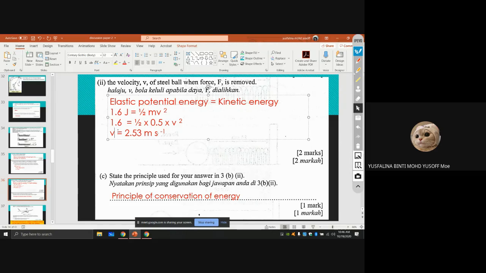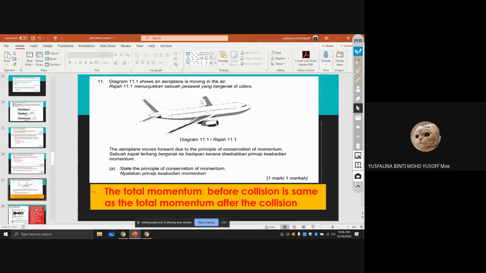Alright. The next one, state the principle used for diagram 3b2. So this one we use the principle of conservation of energy. Okay, the next one, diagram 11.1 shows an aeroplane moving in the air. So the aeroplane moves due to the principle of conservation of momentum.